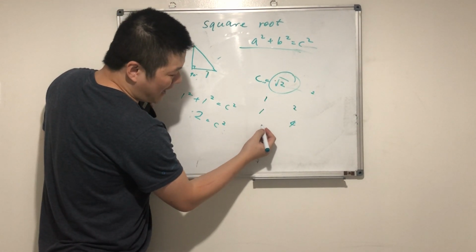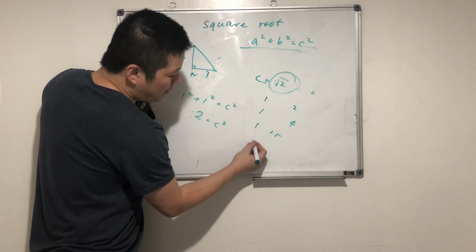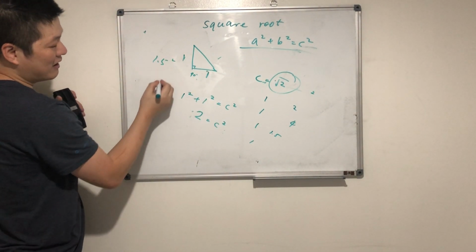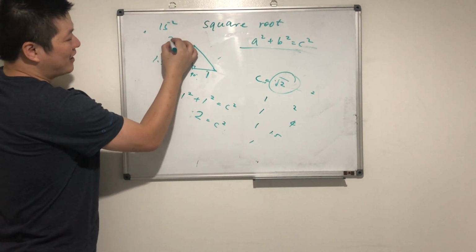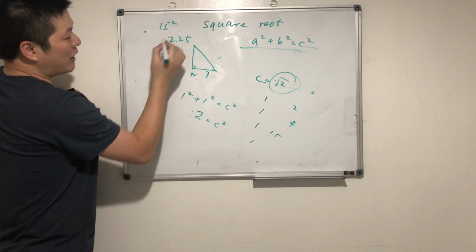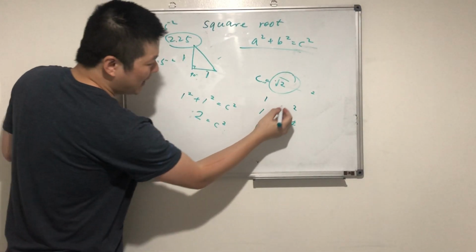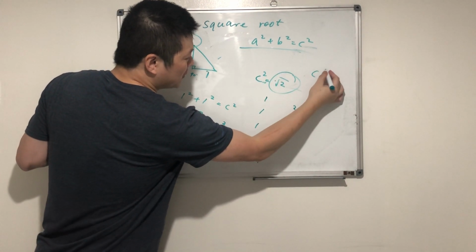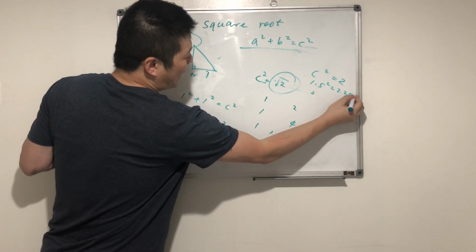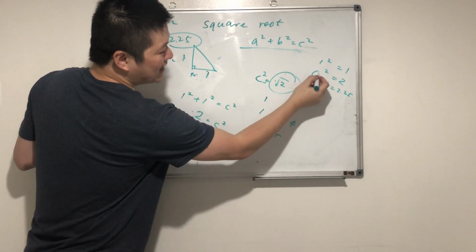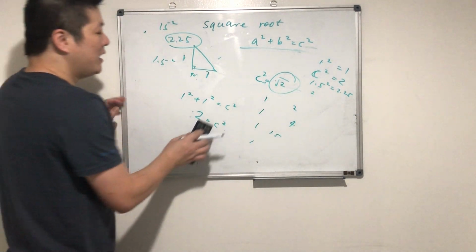And precisely it's between 1 and 1.5, because what does 1.5 squared equal? 2.25. Look, c squared equals 2, and 1.5 squared equals 2.25, while 1 squared equals 1. So c is a value between 1 and 1.5. Am I right? Because it's in the middle.